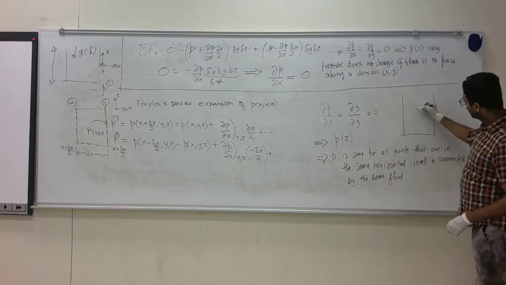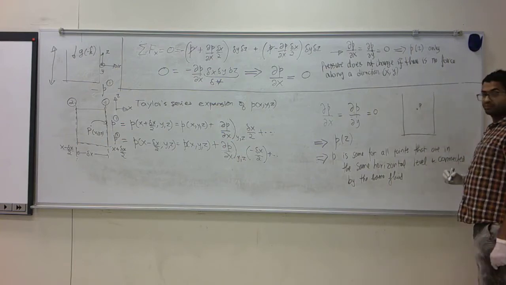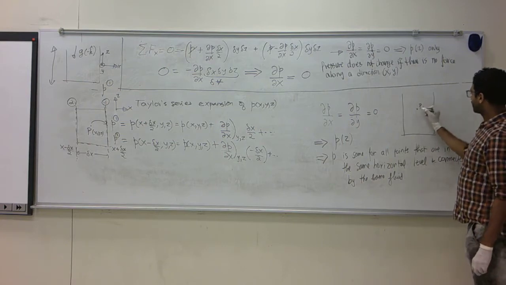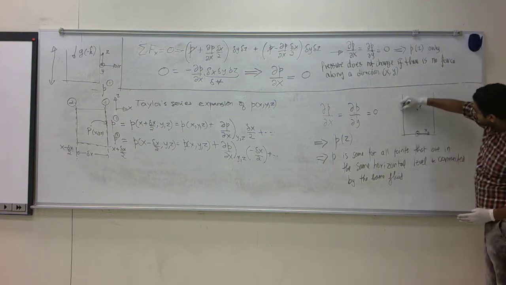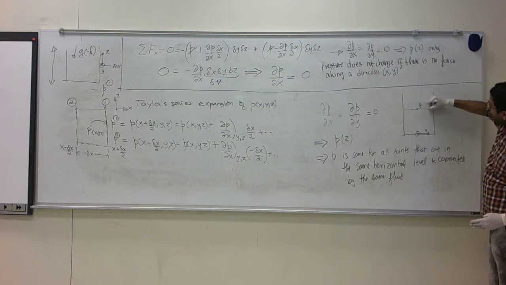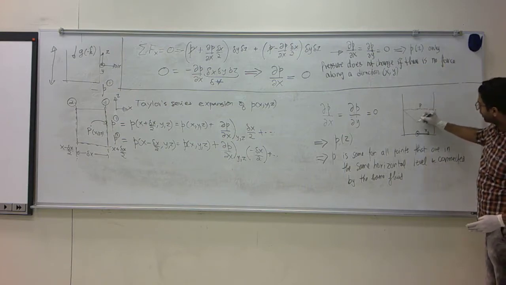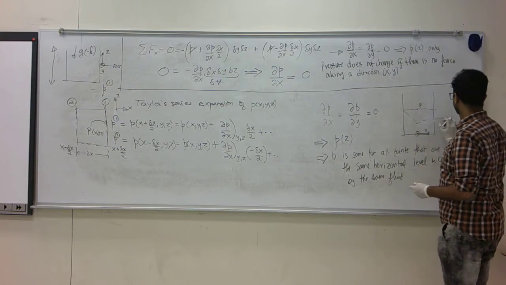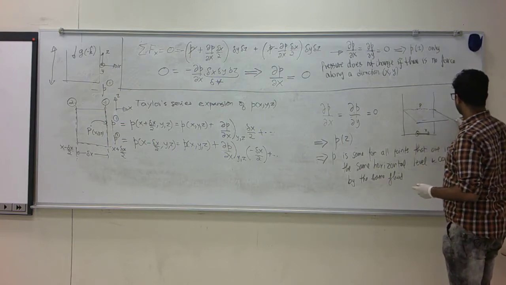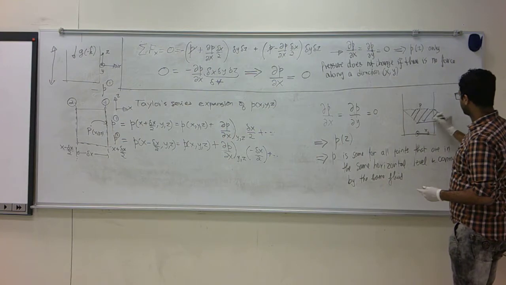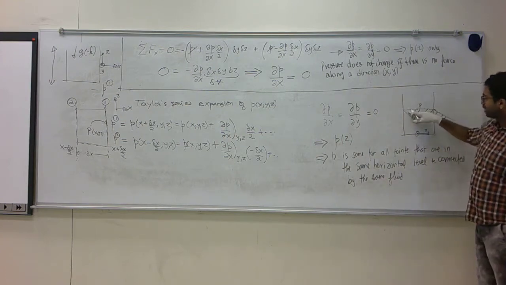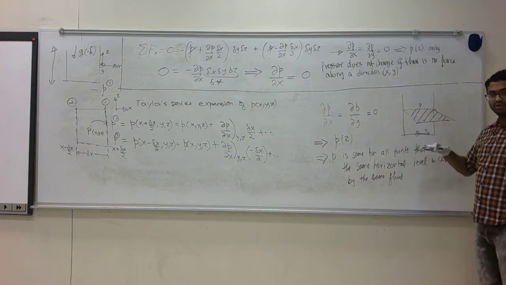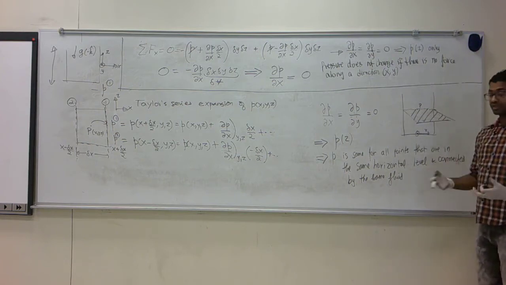Here is your fluid. Here is the point that you considered, P. We just found out that the pressure doesn't change with x or y. It doesn't change if you are in this level. All the points that are part of this level have the exact same pressure. Points that are connected by the same fluid and are at the same horizontal level have the same pressure.